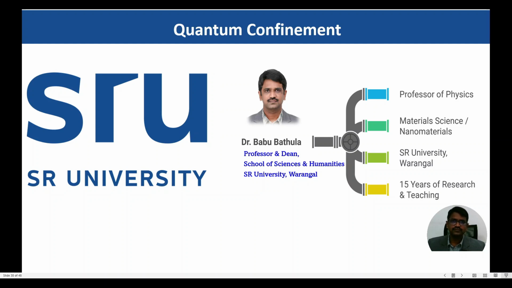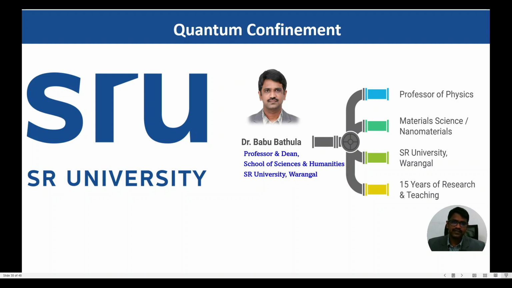We already discussed in our previous classes that there are two main reasons for the beauty of nanotechnology or nanoscale. The first one is surface to volume ratio, and the second one is quantum confinement. Surface to volume ratio is very essential to be high for nanomaterials for various applications.